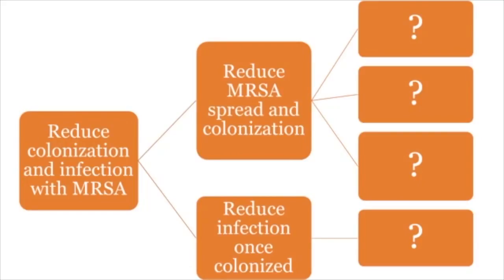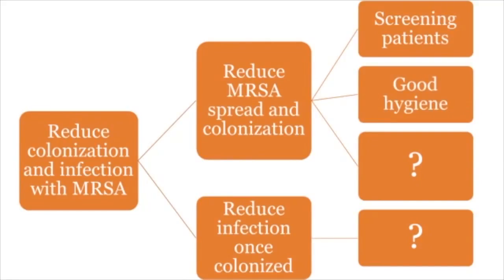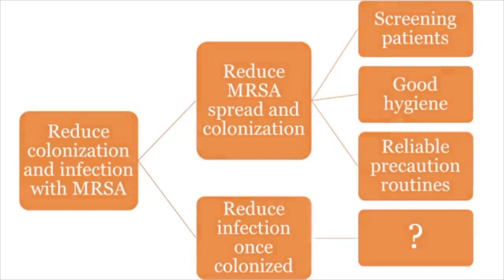So obviously things like screening patients for methicillin-resistant Staph aureus might be important to help you control the spread, or certainly careful hand hygiene, wearing gowns and gloves, keeping your precautions routines highly reliable. That's all going to help you reduce spread of the organism and therefore reduce the chance of infection.